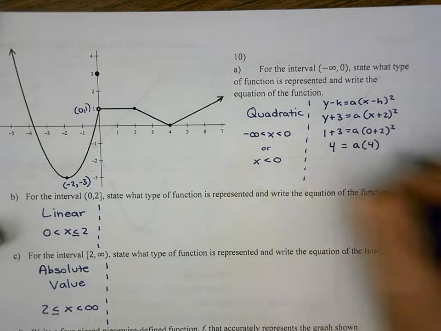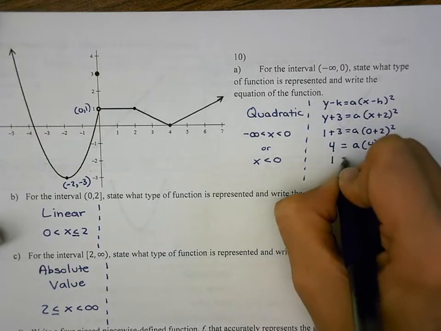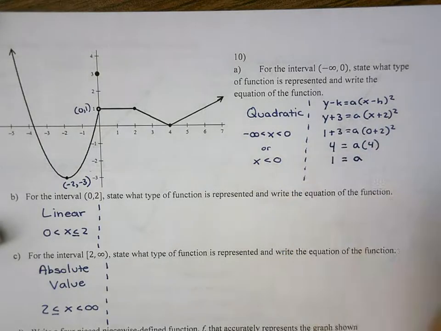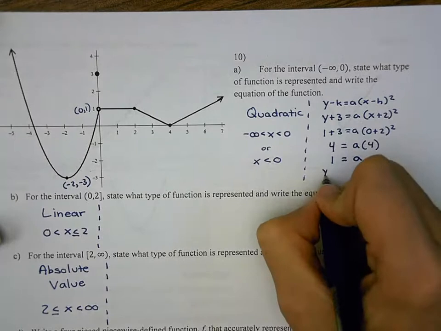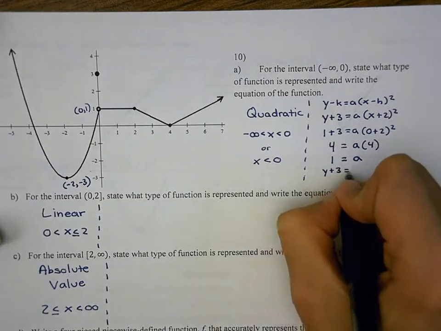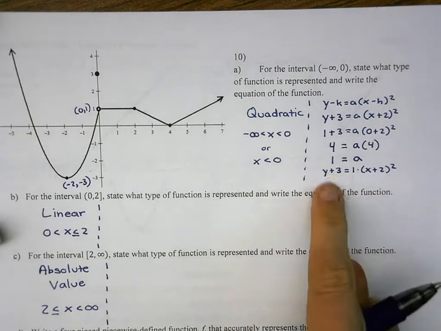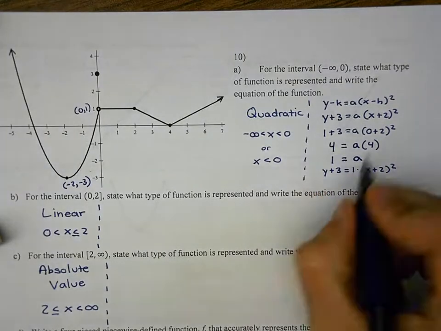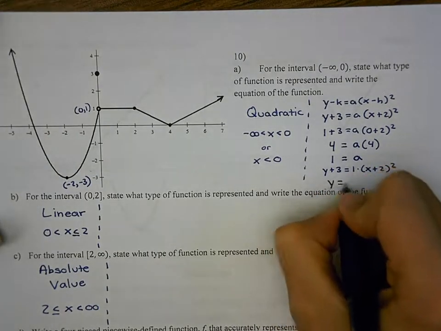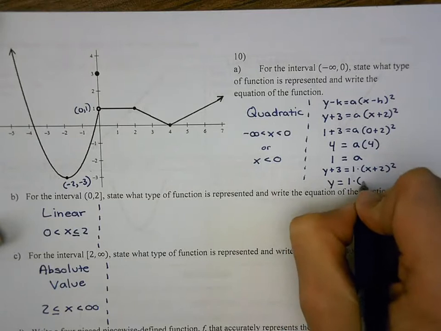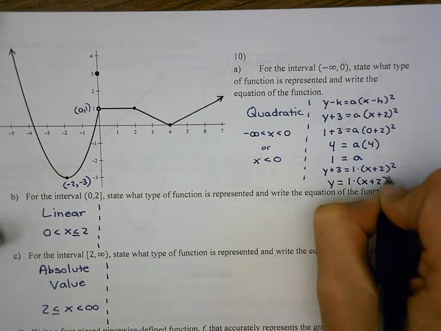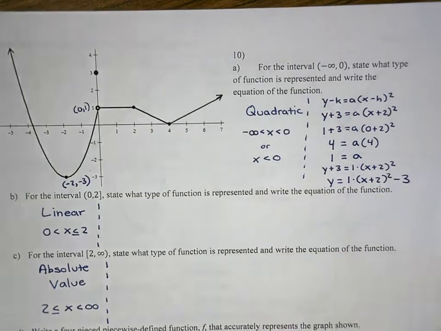Dividing that 4 over, a is 1. And then remember our piecewise, we want this to say y equals, so let's go ahead and subtract that 3 to the other side.